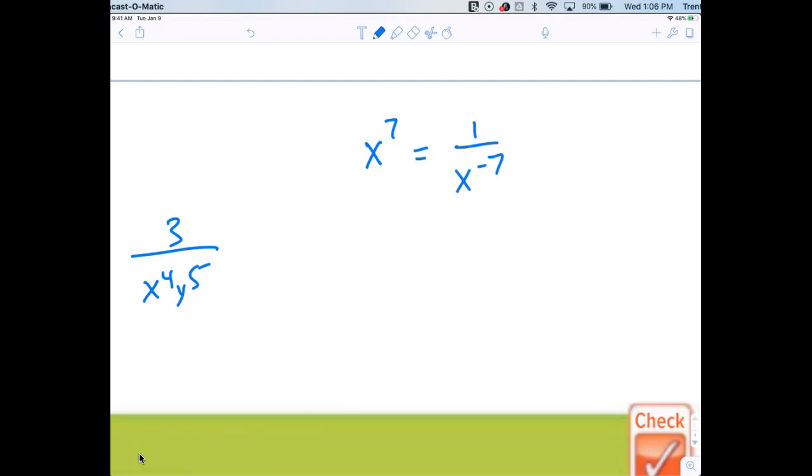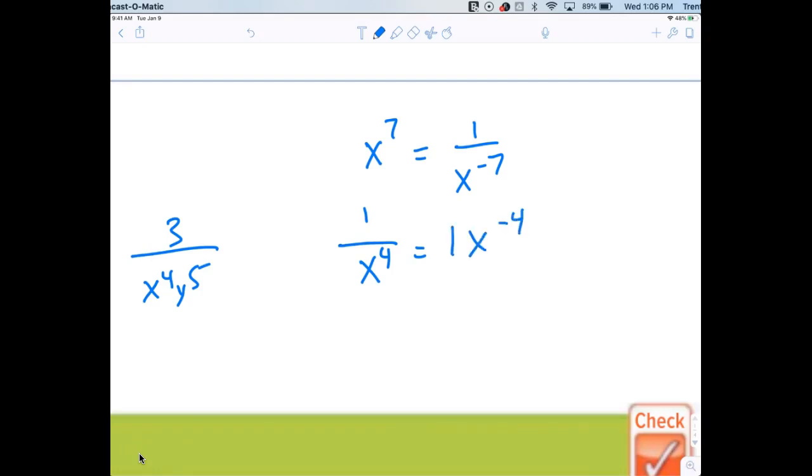So if I said 1 over x to the 4th, and I want to write that as a negative exponent, Mr. Danzy, what would that be? 1 over x to the negative 4. That's exactly right. 1 over x to the negative 4.